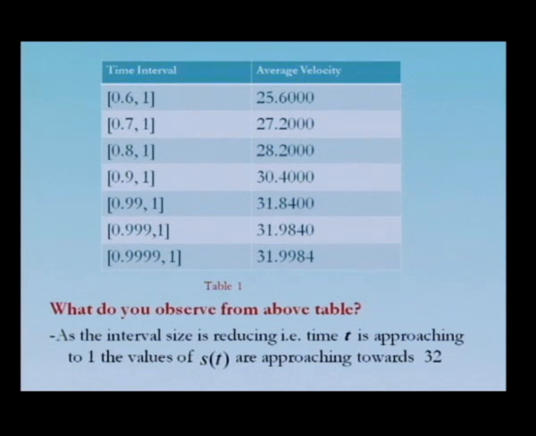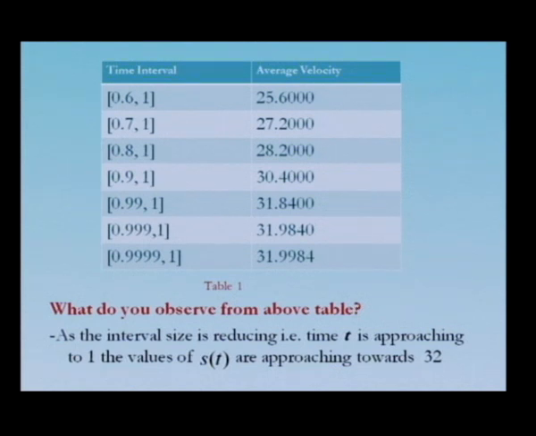When the time interval is 0.8 to 1, average velocity becomes 28.20. Similarly, when the time interval goes on decreasing in size, and finally when it is 0.9999 to 1, the average velocity is 31.9984.